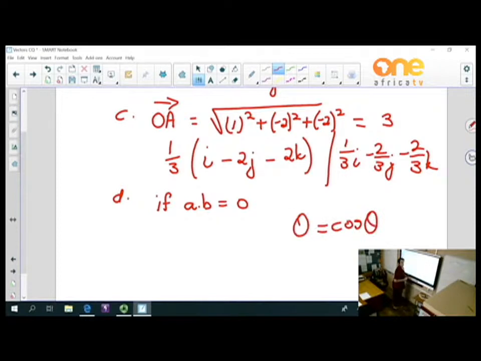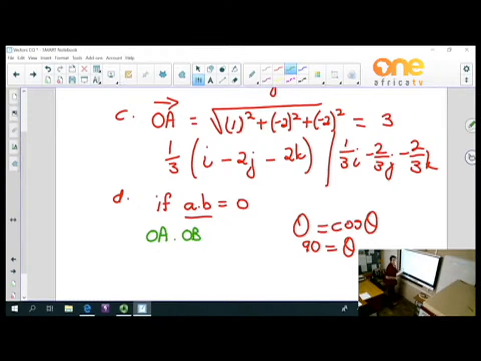So if you press the calculator, second function cosine, then we get that theta is 90 degrees. So you don't need to work with the whole formula. We're just going to work with a dot b. And this is then OA dot OB, because that's the angle we want to find.